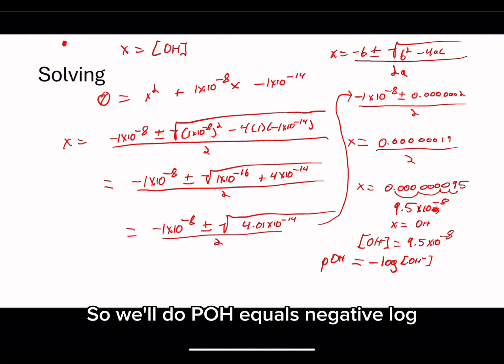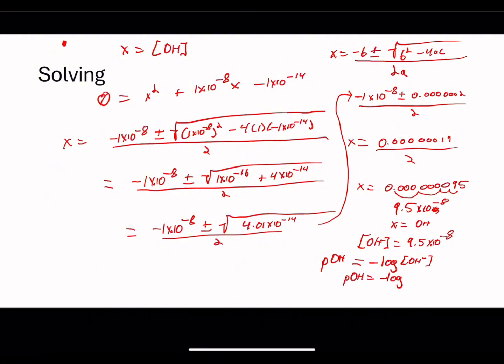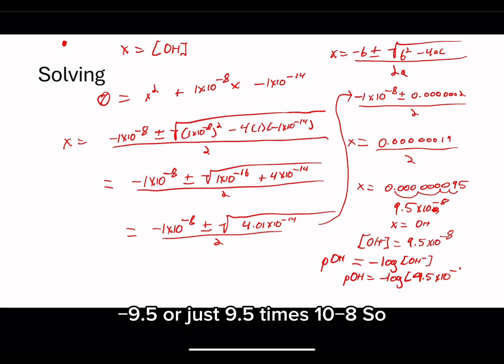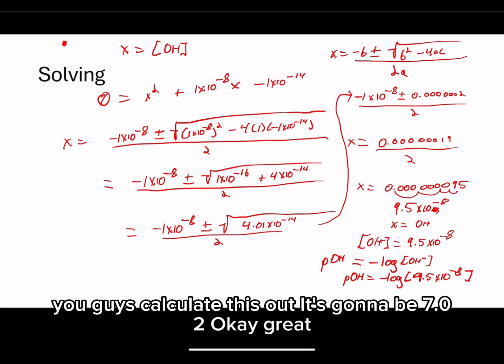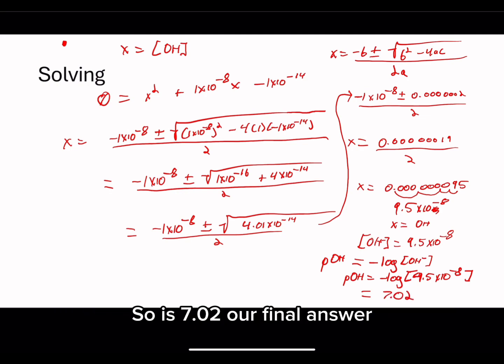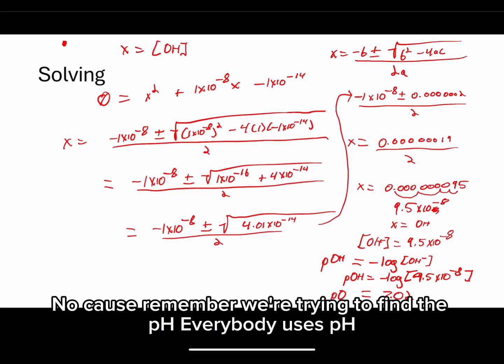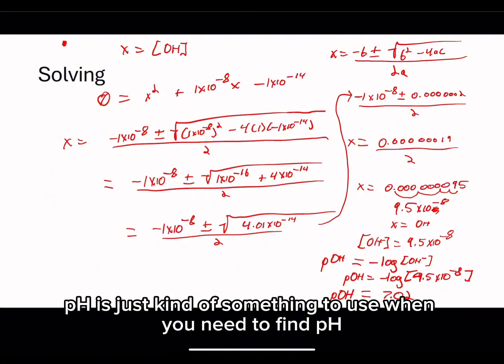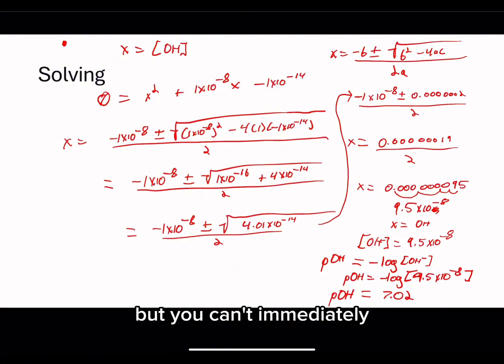So we'll do pOH equals negative log of 9.5 times 10 to the negative 8. So you guys calculate this out, it's going to be 7.02. Okay, great. So is 7.02 our final answer? No. Because remember, we're trying to find the pH. Everybody uses pH. pOH is just kind of something you use when you need to find pH, but you can't immediately.